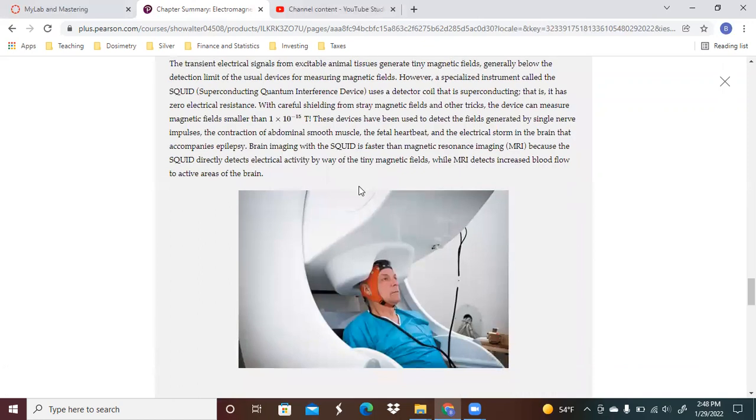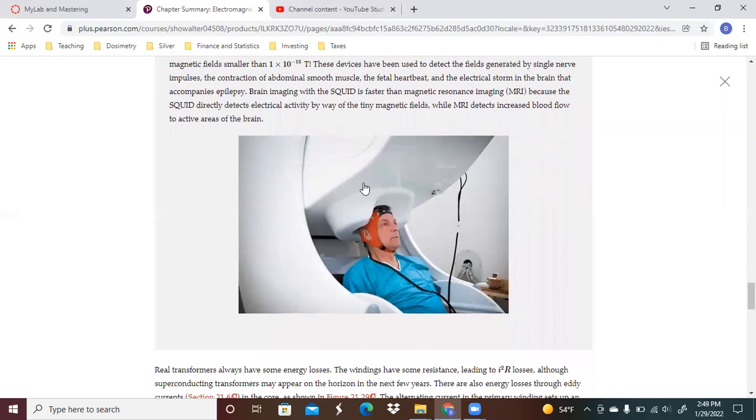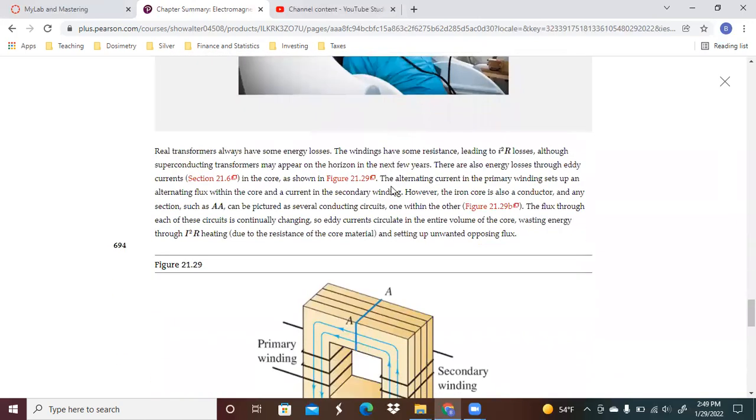These have been used to detect the fields generated by a single nerve impulse, the contraction of abdominal smooth muscle, the fetal heartbeat, and the electrical storm in the brain that accompanies epilepsy. Brain imaging with a SQUID is faster than MRI because the SQUID directly detects electrical activity by way of the tiny magnetic fields, whereas MRI detects increased blood flow to active areas of the brain.